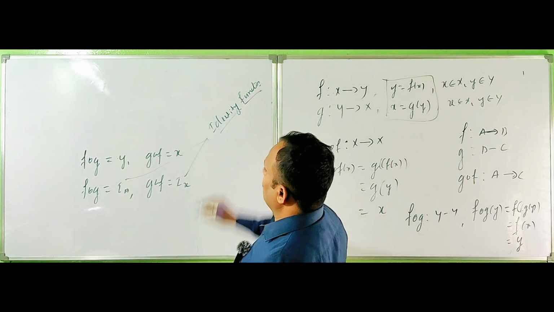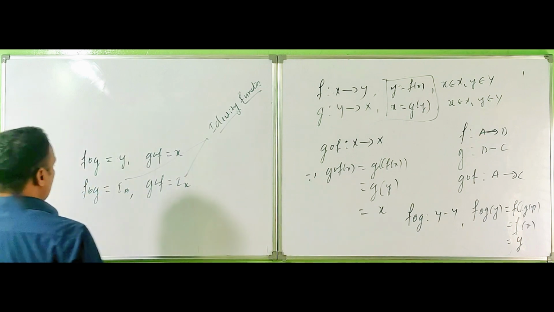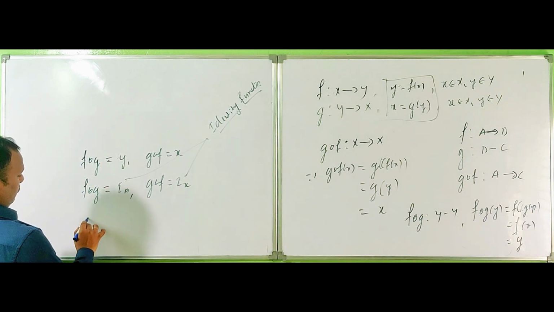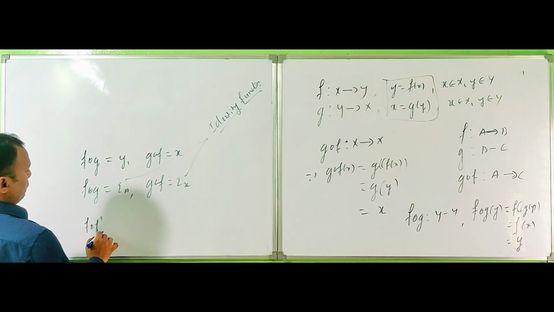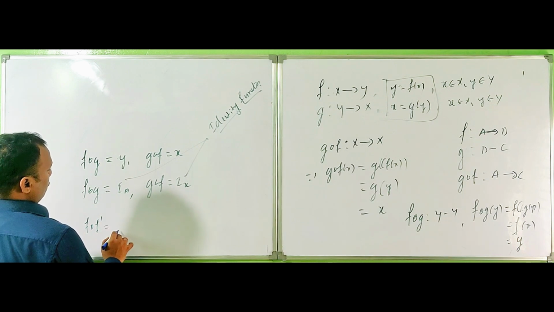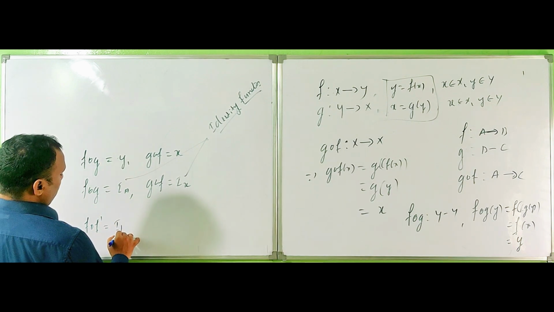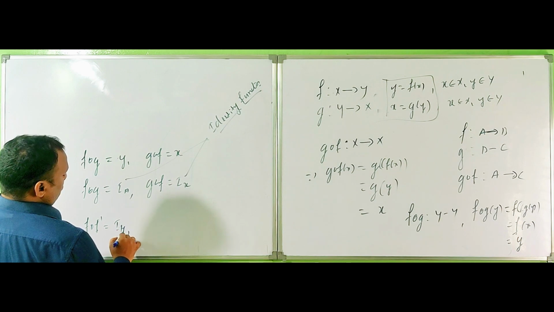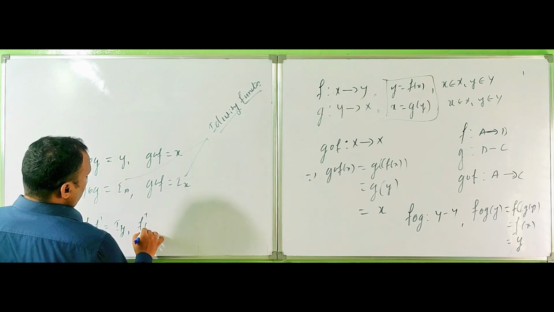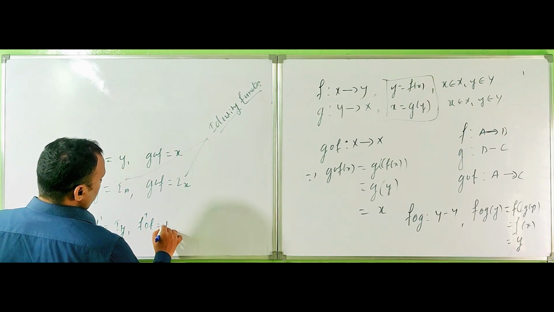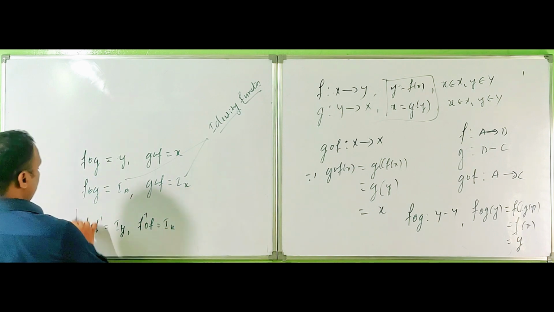Just replace the terms g and f: so f of f inverse is equal to I_Y and f inverse of f is equal to I_X.